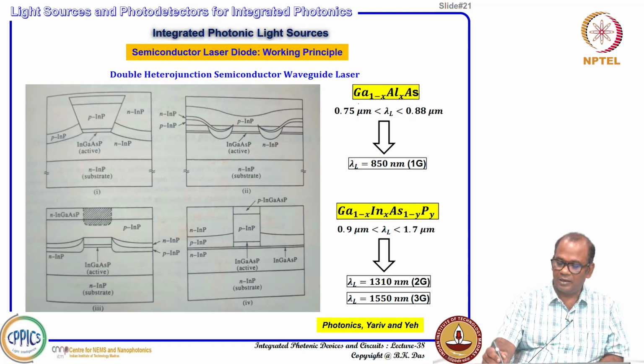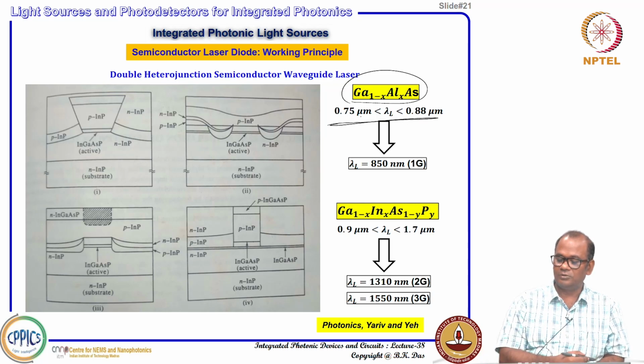For example, with gallium aluminum arsenide, you can control the band gap, 0.75 micrometer to 0.8 micrometer, by controlling x here. x equal to 0 means it is basically gallium arsenide.